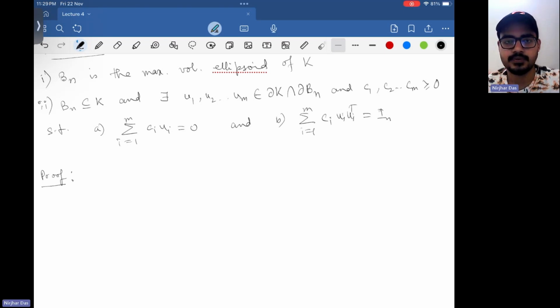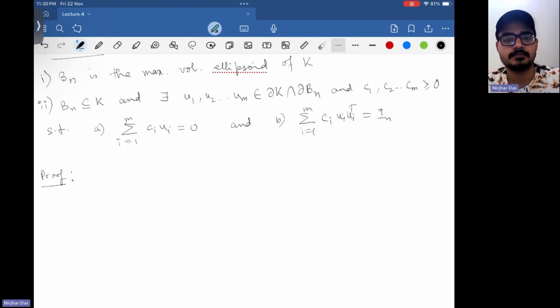So in the symmetric case, if you have that your ui is a contact point, and note that the unit ball is also symmetric, so both K and Bn are symmetric, then if ui belongs to the intersection of the boundary of the convex body and the boundary of Bn, then minus ui also belongs to the intersection of the boundary of the ball and the convex body.